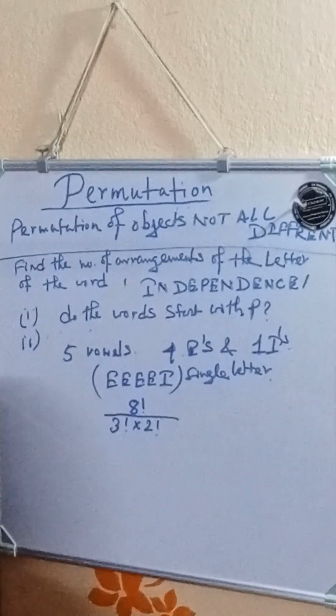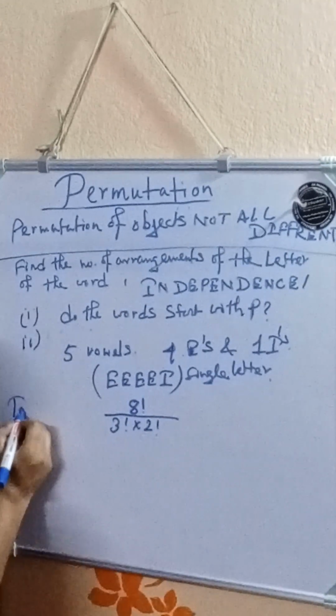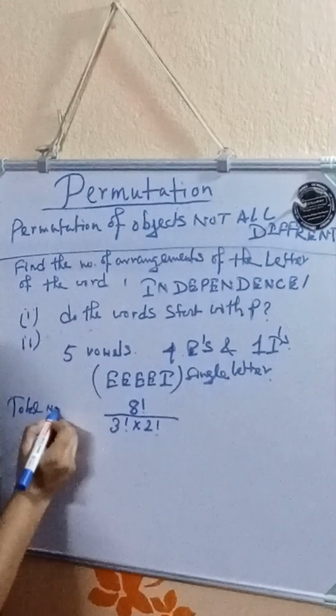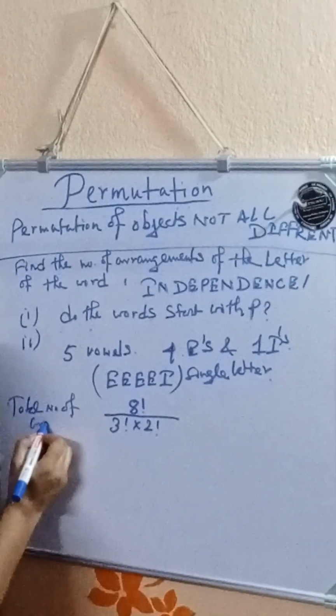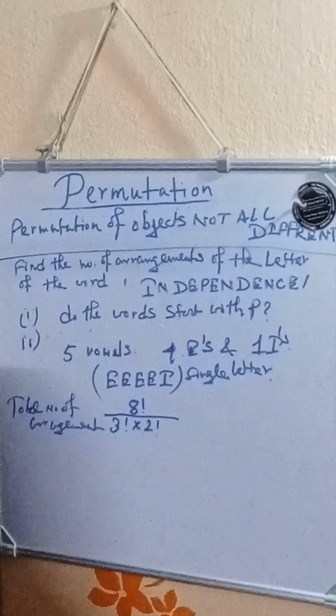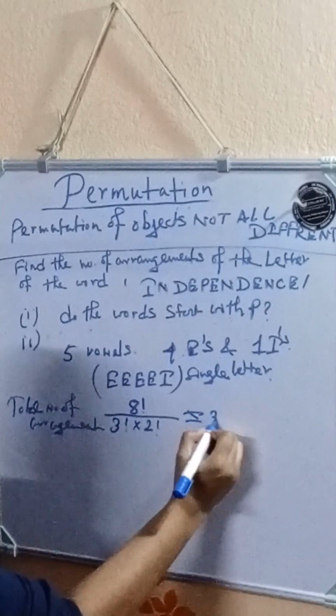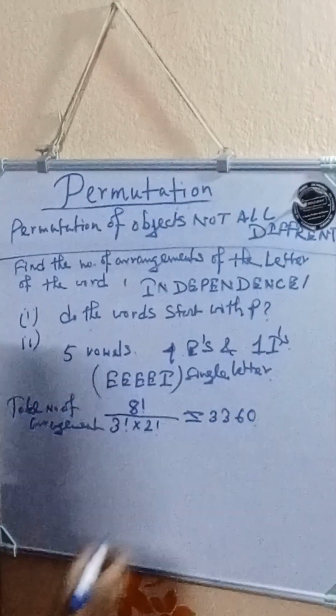Now, the total number of arrangements is factorial 8 divided by factorial 3 into factorial 2, which equals 3360.